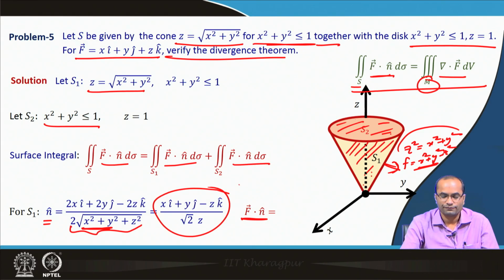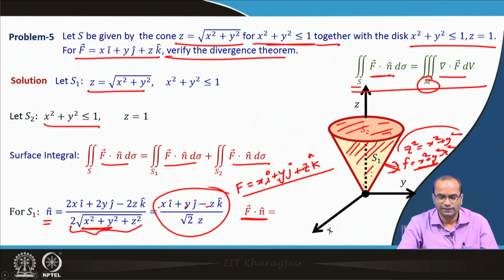So, what was the f? The f was x i plus y j, and then we have z k. So, if we compute this f dot n, what will happen? We have x square, y square, then minus z square, divided by this factor square root 2 z.